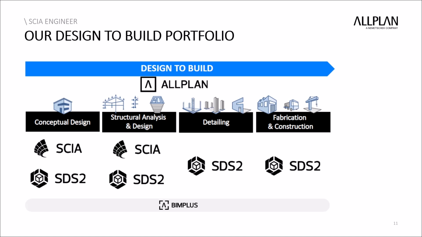SCIA's strength, of course, is the multi-material, multi-project, generic, complex analysis strength. You can really design anything that you want using that as your engineering tool. And SDS2's design strength is creating buildable, constructible steel structures with pre-checked structural connections designed as you model.